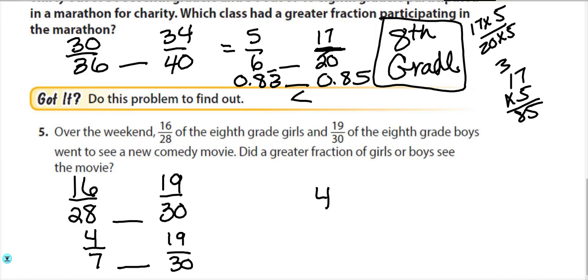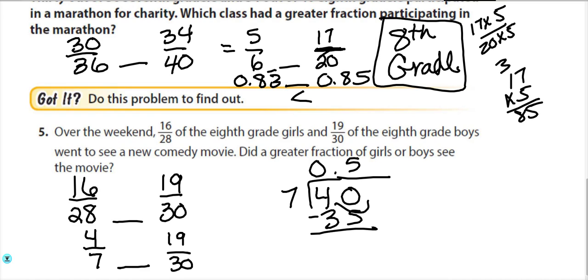So we're going to have 4 divided by 7. That's going to be 0 there. Bring that over. And that's going to go in 5 times, 35. 5 left over, and then 7 goes in 7 times, 49, and 1 left over.